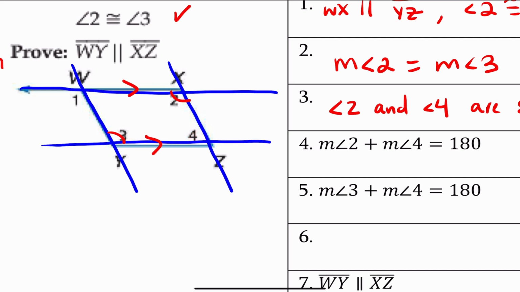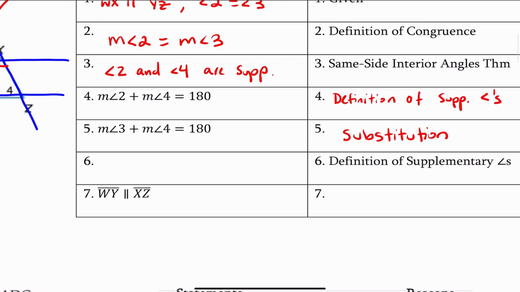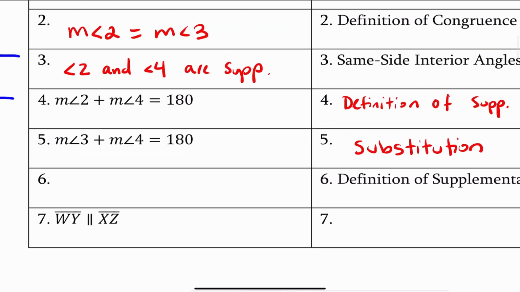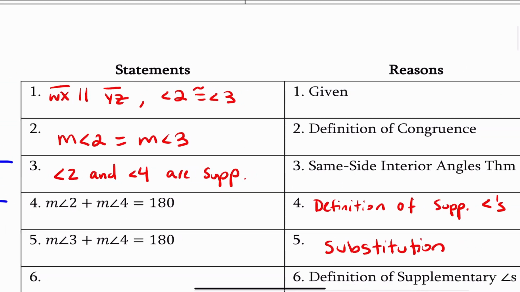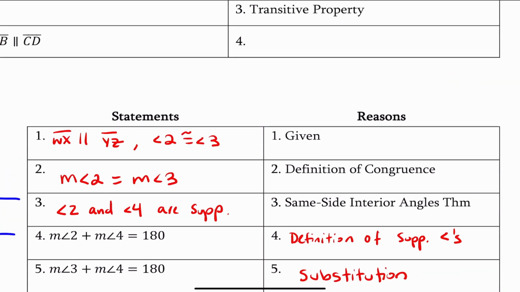So that means we showed that this is basically supplementary in algebra. And by definition of supplementary angles, I need to take this and convert that into words. And since this is a definition, it goes both ways. It's kind of like the previous time we used definition of supplementary angles, but backwards.